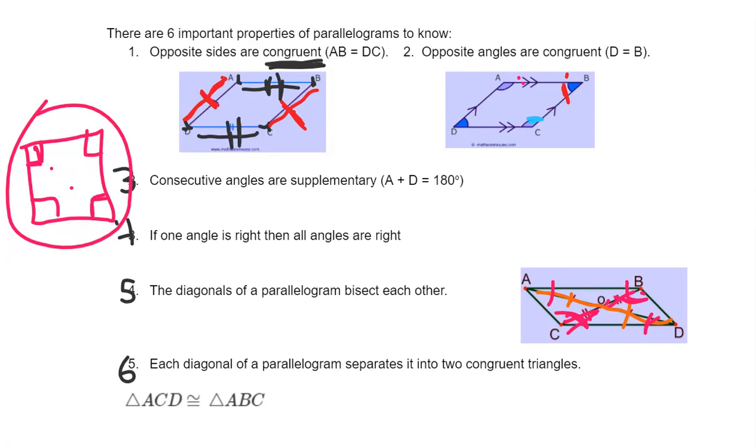It cuts those angles in half. Then the last thing we see here is each diagonal of the parallelogram completely separates it into 2 congruent triangles. So if I just look at this one, my bisector cuts this up into 2 triangles that are essentially congruent.